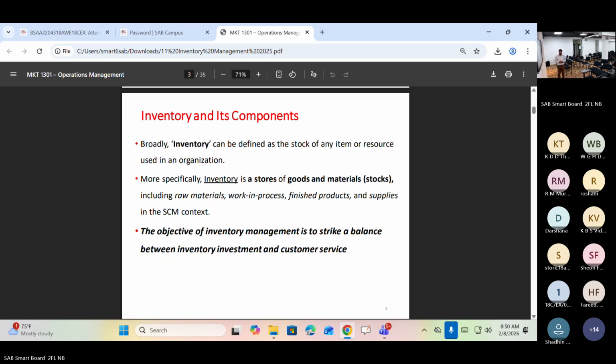So supplies like those may also be maintained in inventories, right? So there are such inventory types in operations that I will describe again later.